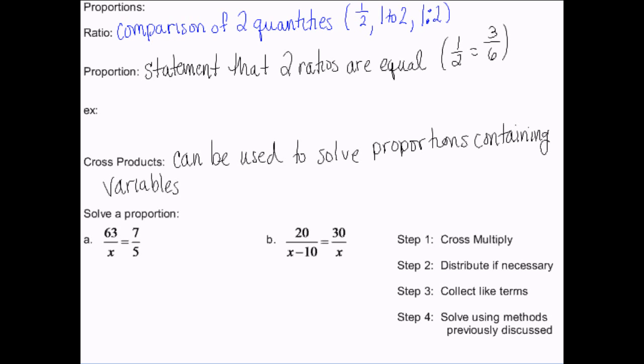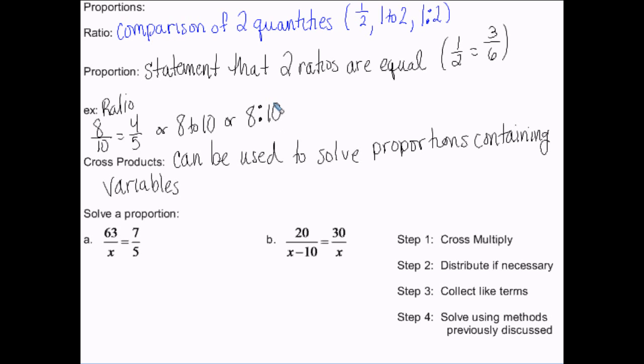Okay, there's 8 girls and 10 boys in here right now. So my ratio I could write as 8 to 10, which then would have to be reduced. Or I could write it 8 to 10, or I could write it 8 to 10.